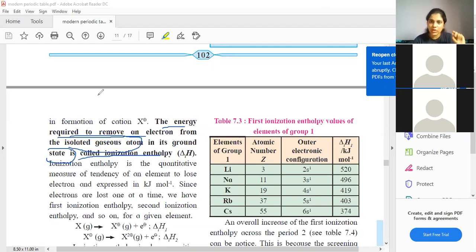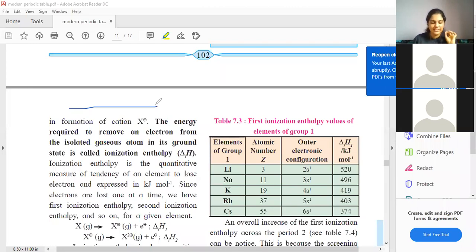What you can do is, somewhere over here, just note down what ground state is. Write the word ground state, put a colon, and then write down: lowest energy state possible for an atom. Write the word ground state, students, otherwise you won't understand what it is.